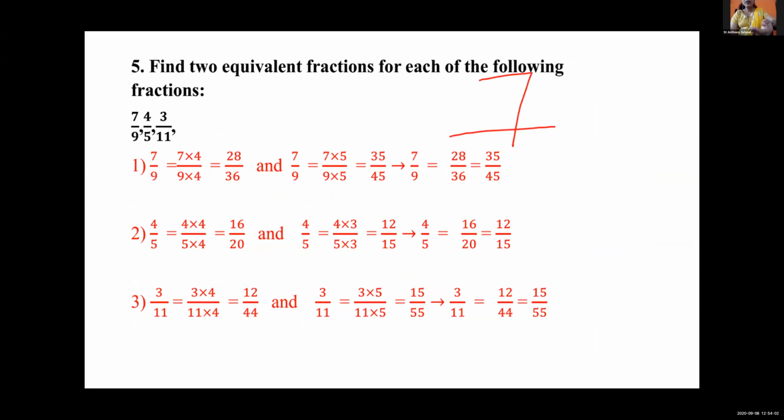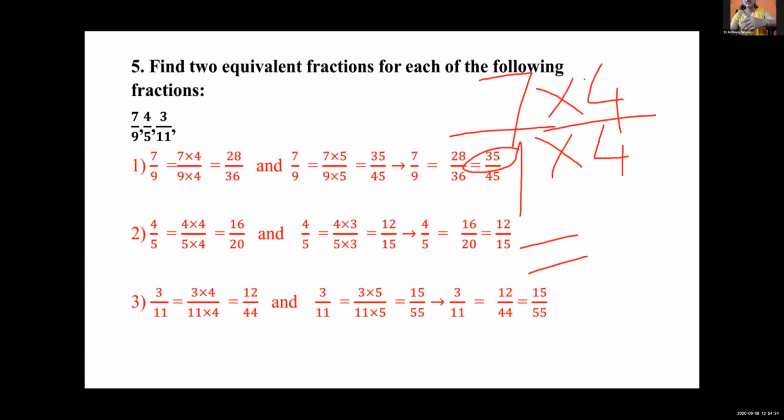7/9 is there. We have to find two equivalent fractions for each fraction. 3 fractions are given and we have to find two equivalent fractions for the given fraction. Okay, so 7 into 4 and 9 into 4, because we are using the same multiplier in both the numerator and the denominator.